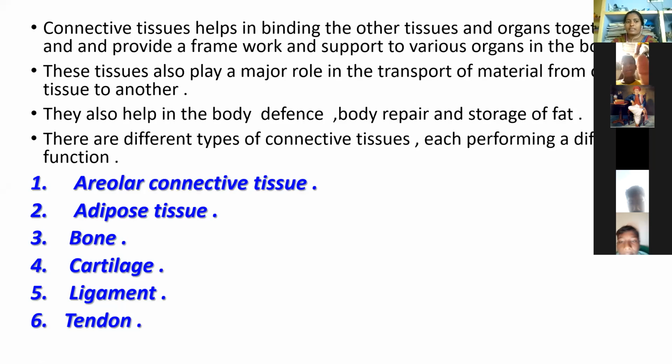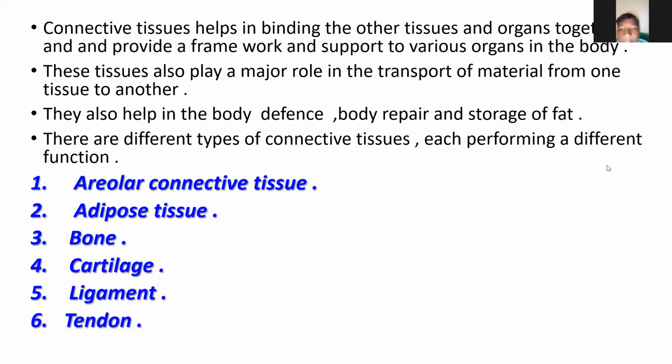Next, the connective tissue also plays a major role in the transport of materials from one tissue to another tissue.